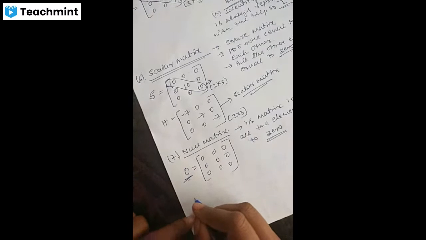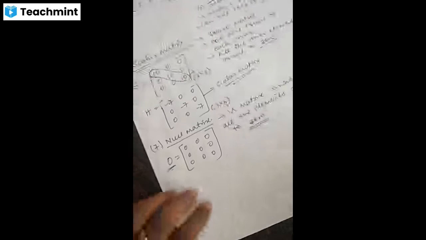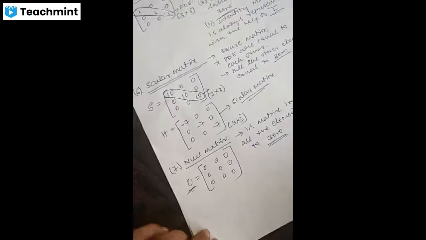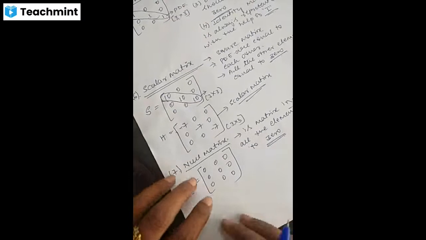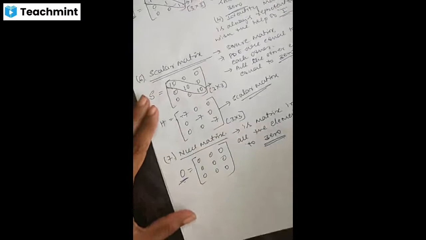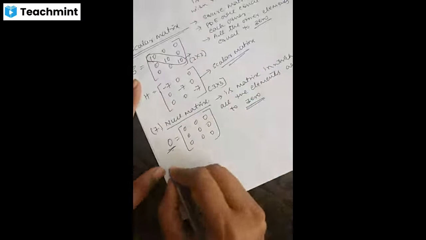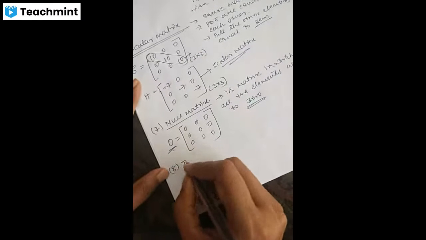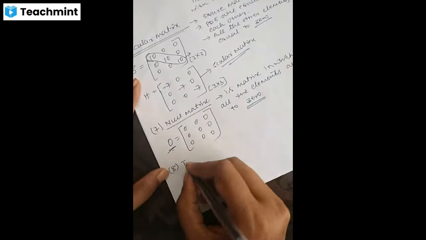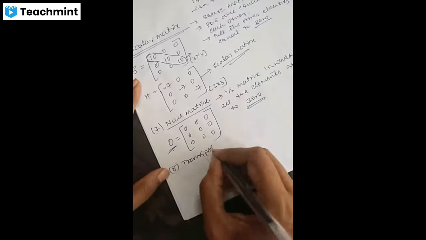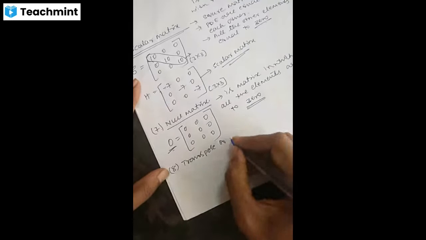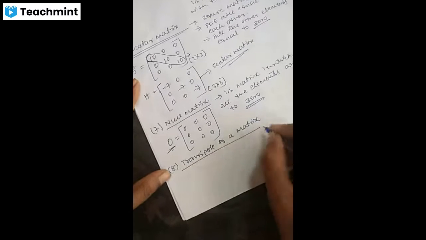And the symmetric matrix, before that let us learn about transpose of a matrix. Eighth type is that it's very, very important. This one, you must have to remember this. Transpose of a matrix.